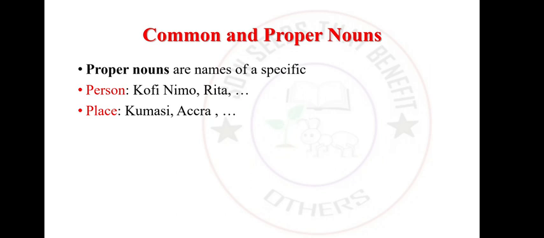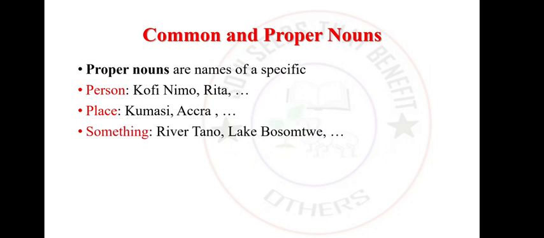So all towns, the names of towns, villages are all proper nouns. Remember very well that we are studying a foreign language. Whenever we are writing a proper noun, it begins with a capital letter. That is an uppercase. It begins with a capital letter.